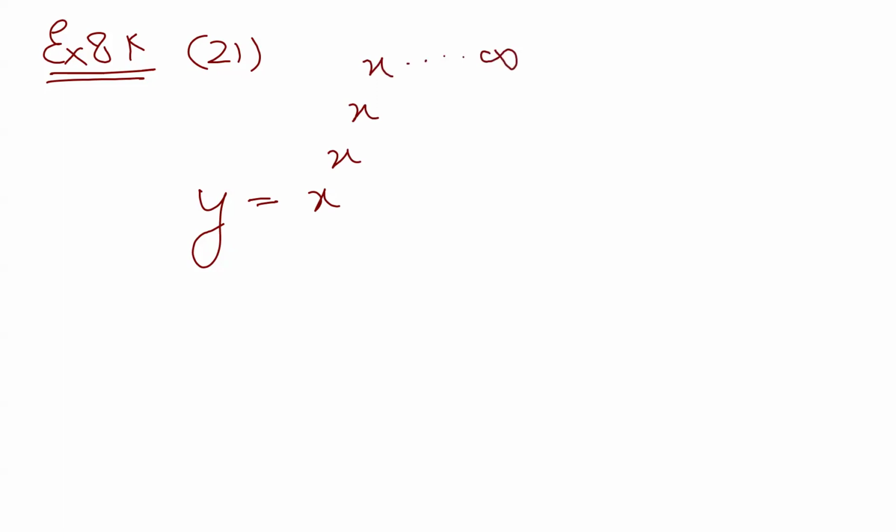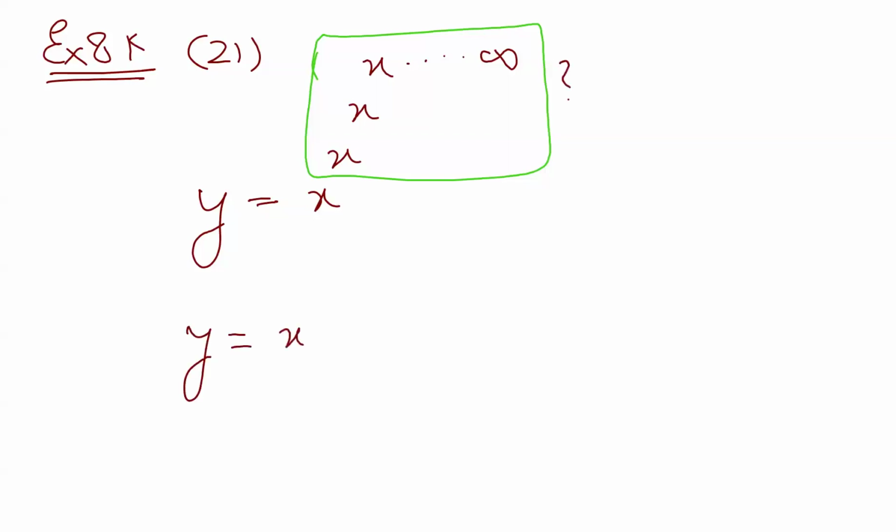Now just observe this part which I'm highlighting, the green colored part. Can someone tell me the value of this part? X raised to x raised to x raised to infinity. The one which I've highlighted in green.